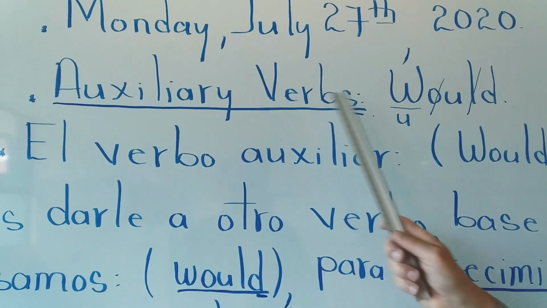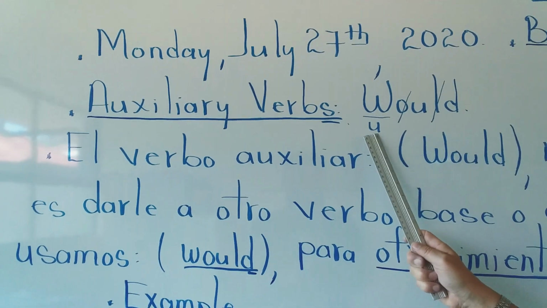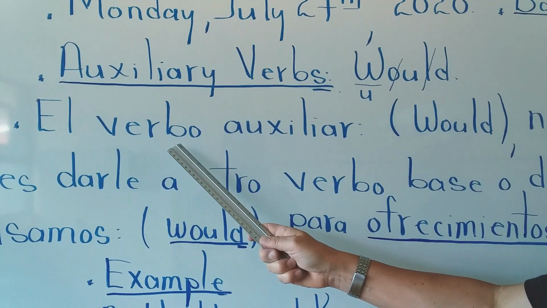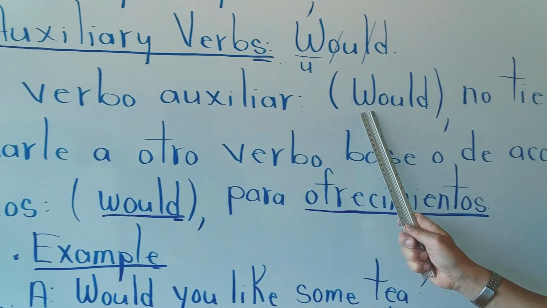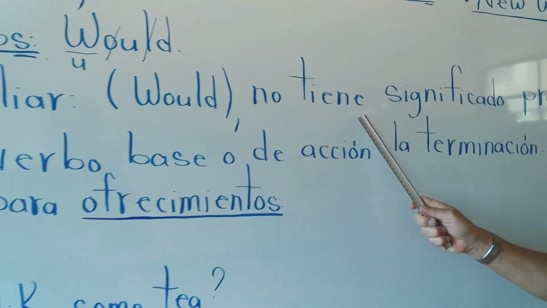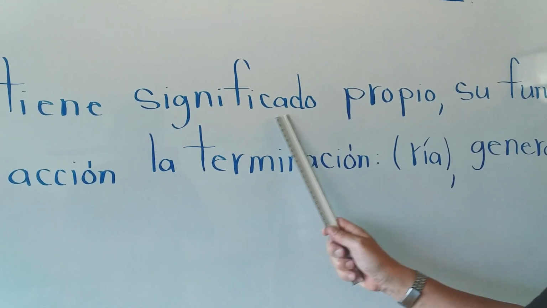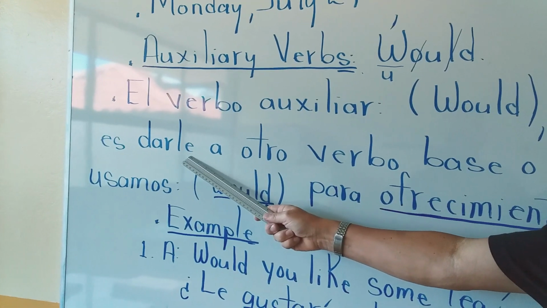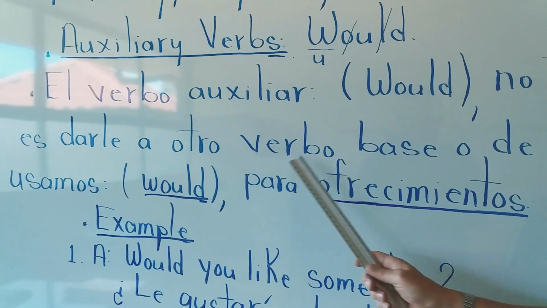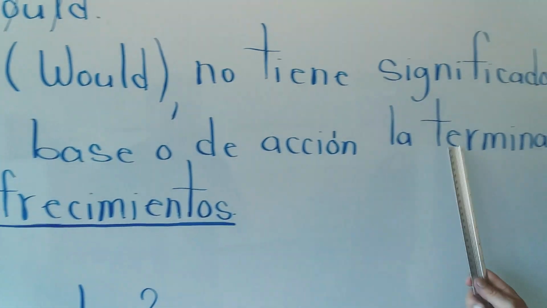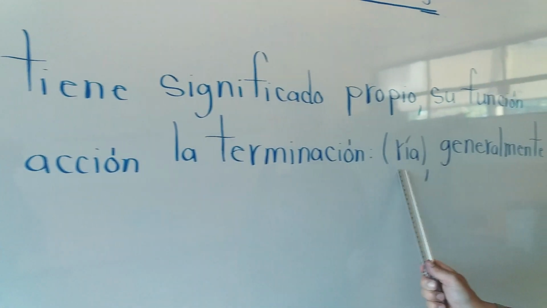Auxiliary verbs. Would, W-O-U-L-D, would. The auxiliary verb would doesn't have any proper meaning. Its function is to give to another verb, base or main verb or action verb, the ending.